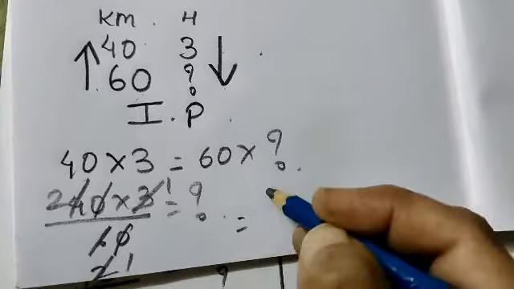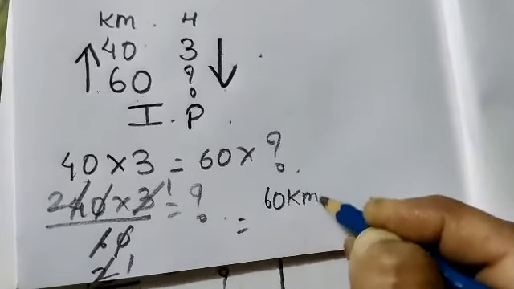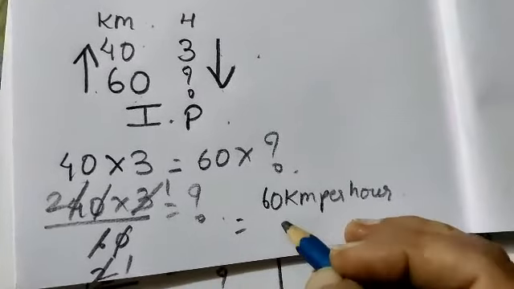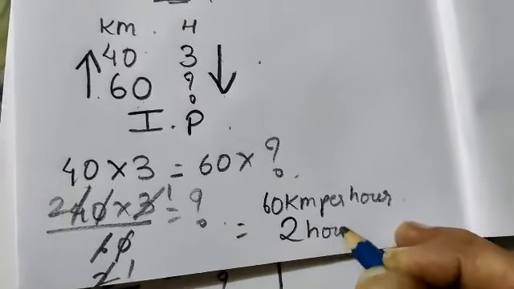So if the speed becomes 60 kilometers per hour, you come back in 2 hours.